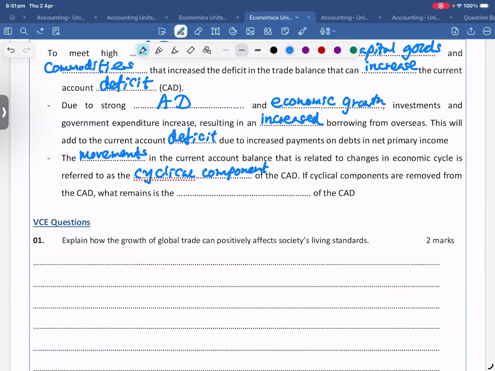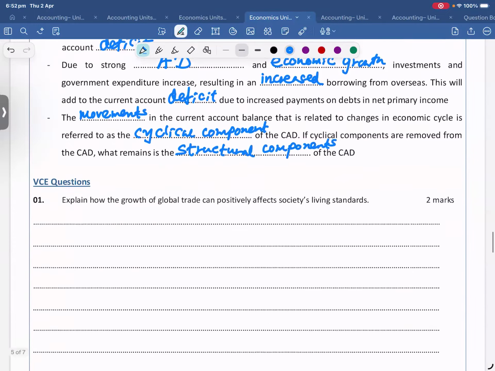If cyclical components are removed from the CAD, what remains is the structural components of the CAD.